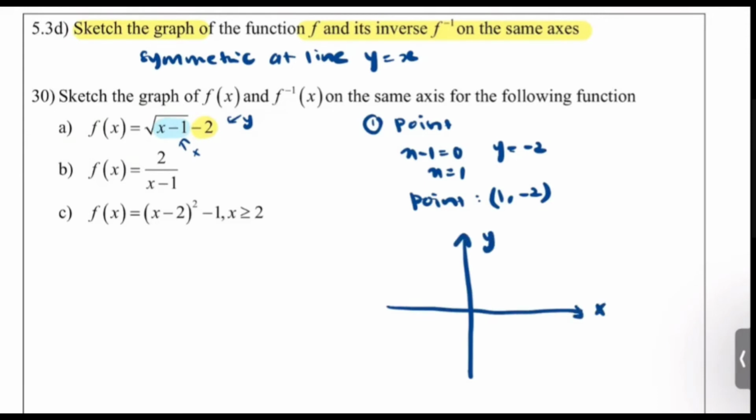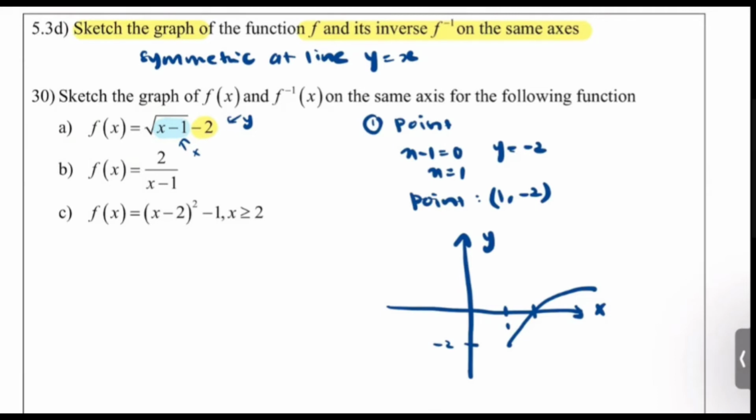Okay, so now I will plot that point. y and x. So point 1, negative 2. So this one. Okay. Now I need to look at the positive square root, positive x. So the first quadrant. So the shape is like this. Okay. So I do it like this. Then I see there is an x-intercept. x-intercept means y equals to 0.